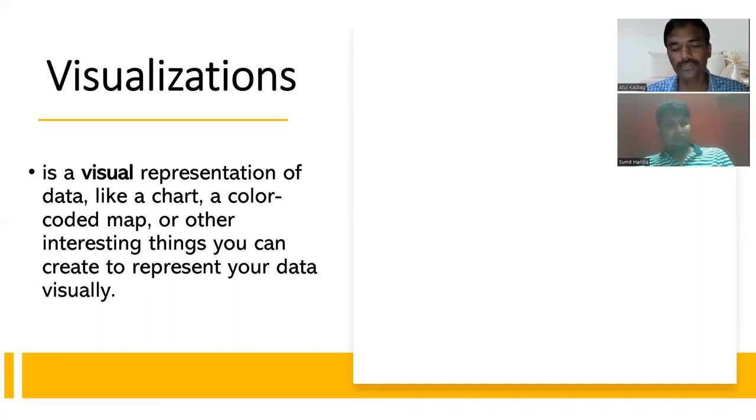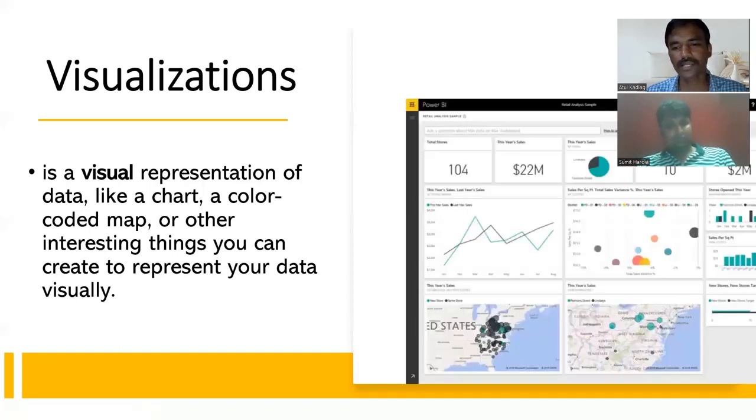The data coming from different sources may be raw, unstructured or structured, but it doesn't really give meaningful insight. When we create visualizations or charts, they give insights very quickly. That's why we need this first component, visualizations, and it will look like this.